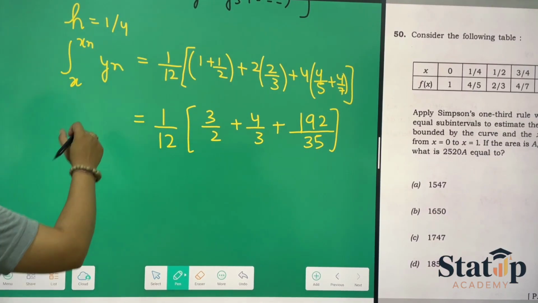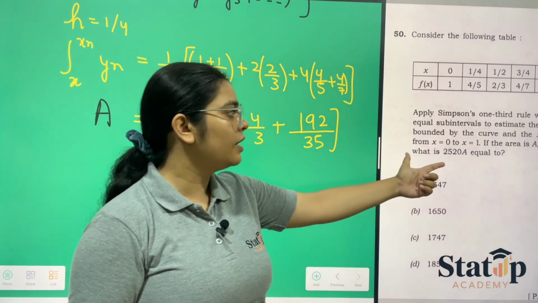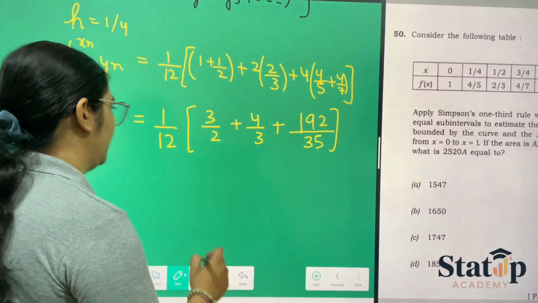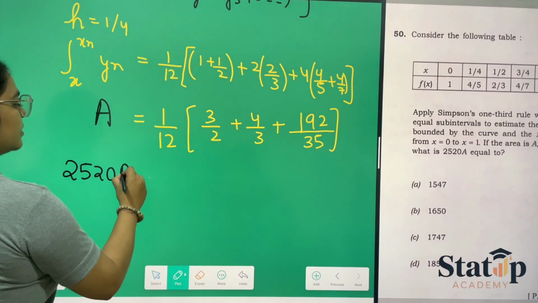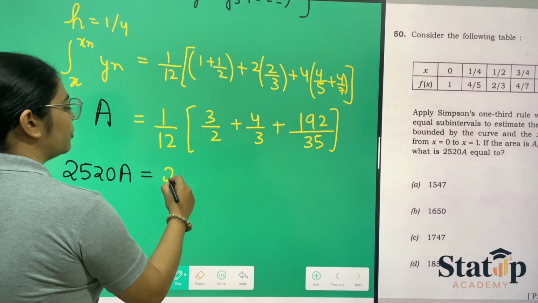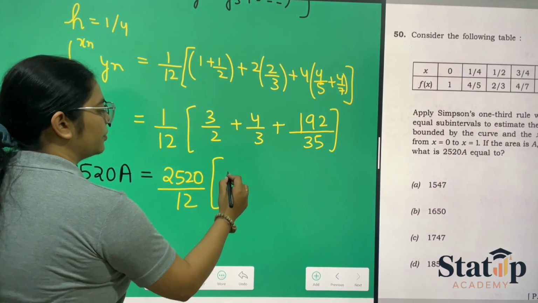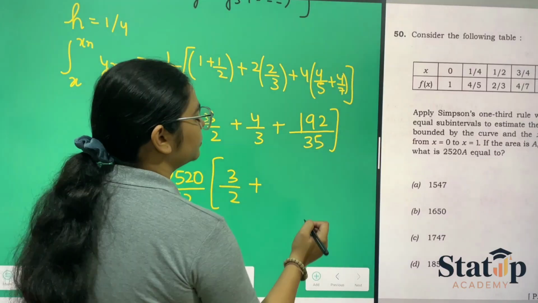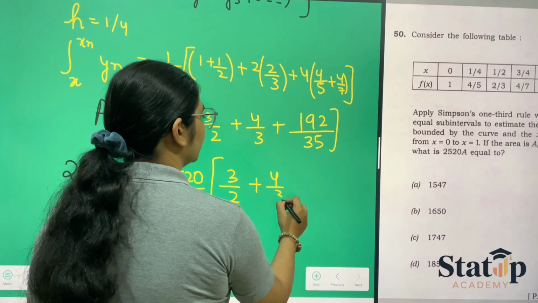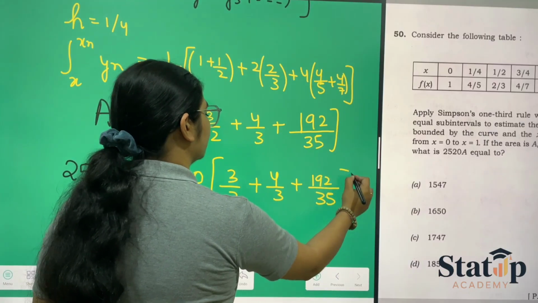They have given this as A. A is equal to this, and what they have asked us to calculate is 2520 of A. So if we multiply 2520 on both sides, then we will be getting 2520 upon 12 into 3 by 2 plus 4 by 3 plus 192 by 35.